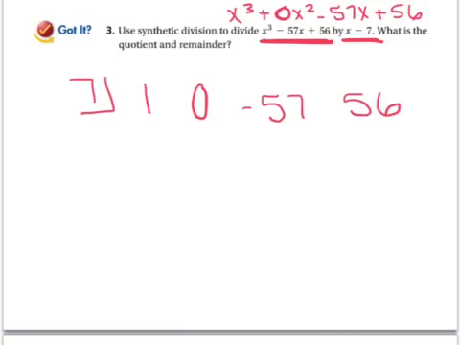Second step, bring your first coefficient straight down. Multiply that coefficient by the divisor. 1 times 7 is 7.